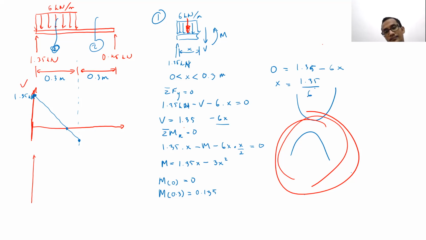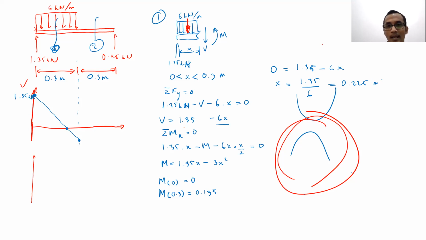What is the value of x here? The value of x will be 0.225. So this is the value of x which causes phi to equal 0, right?